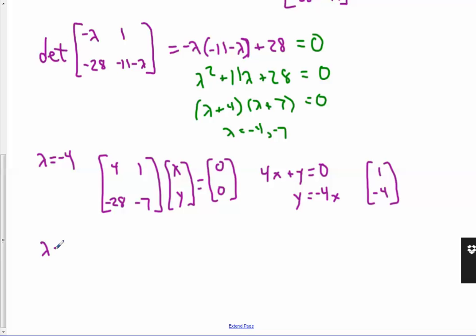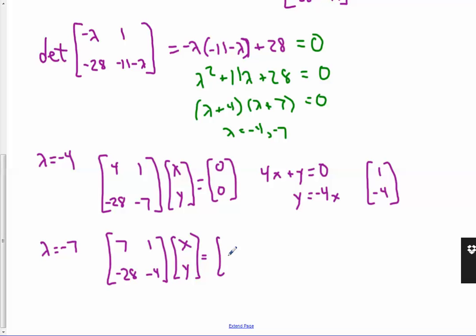Okay, lambda equals negative 7. That'll give us positive 7, positive 1, negative 28, negative 4. So 7x plus y equals 0, or y is negative 7x.